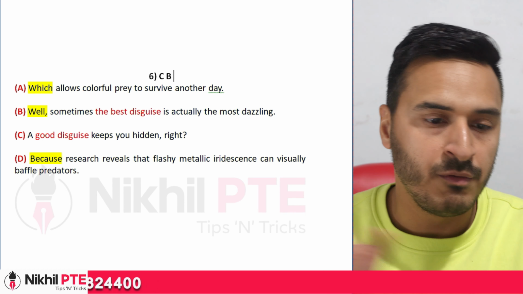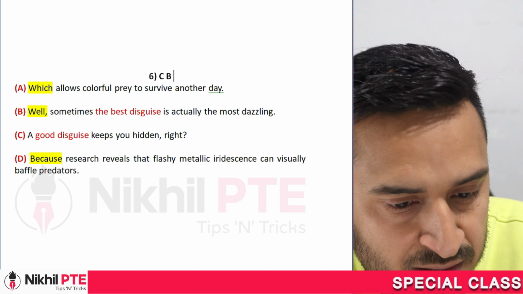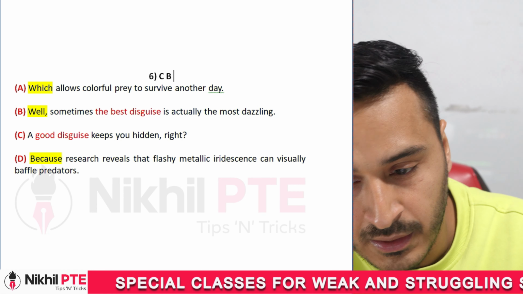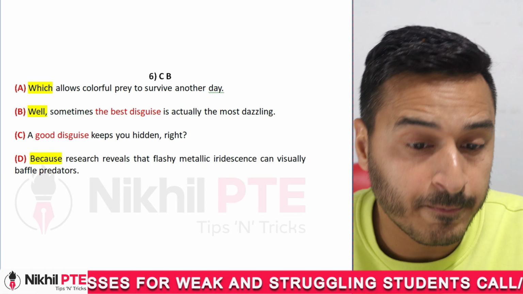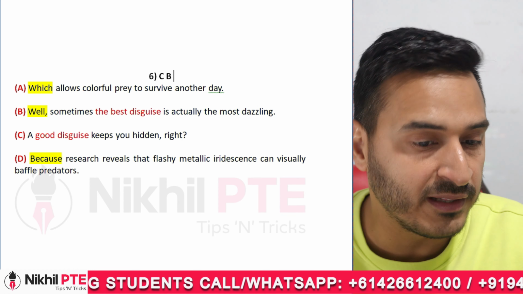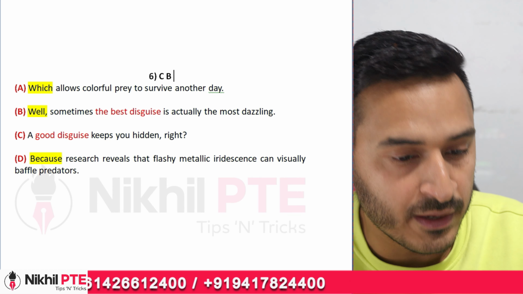Now again, we will start A. Read the B first. Well, sometimes the best disguise is actually their most dazzling, which allows. Do you think this A option is completing the sentence? Which allows colorful prey to survive another day?